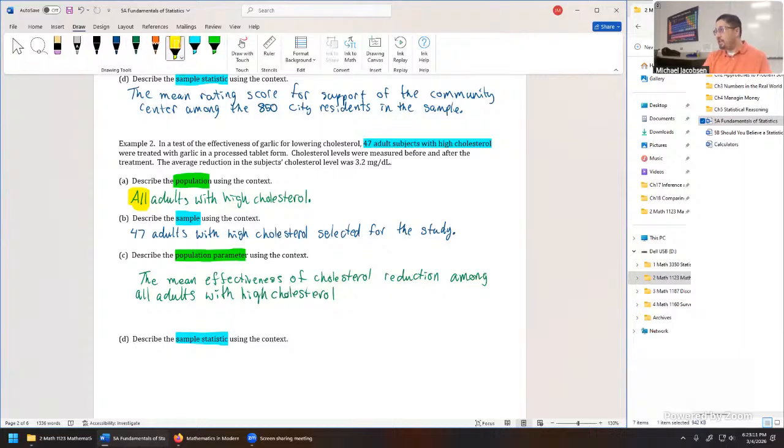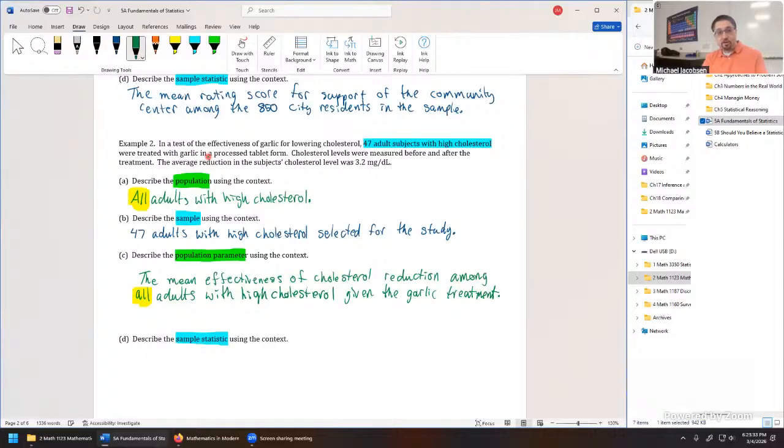So we have the population there, and we did something to this population. We also are imagining at the same time treated with garlic in pressed tablet form. I'll just say given the garlic treatment.